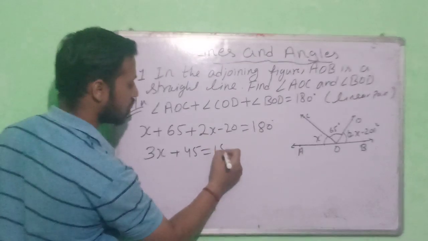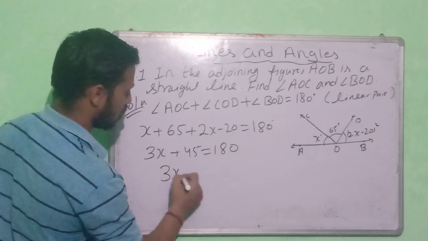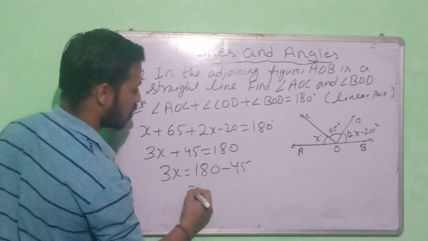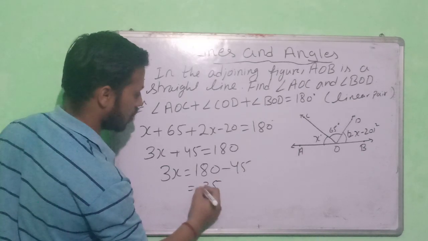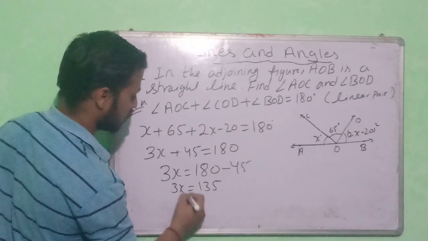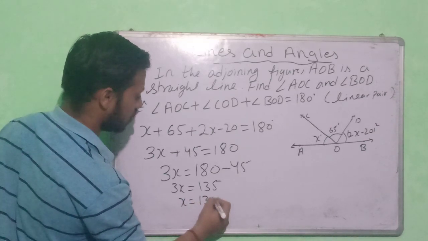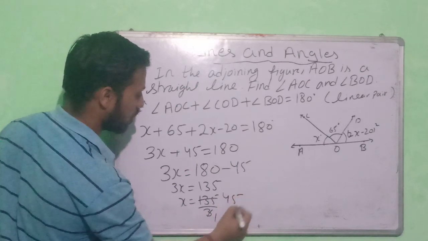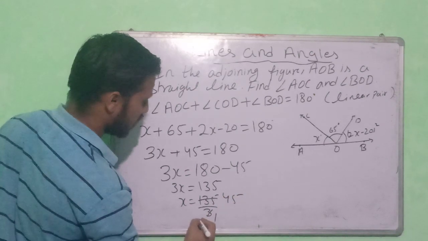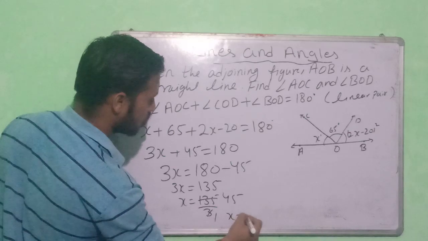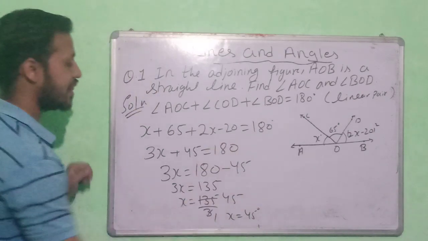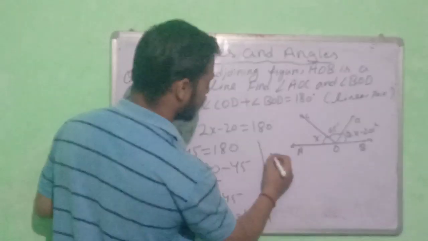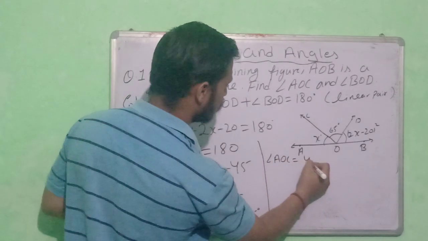So 3x plus 45 equals 180. The positive sign will be changed to negative, you will get 180 minus 45, that is 135. Now we divide 135 by 3. We get x equals 45 degrees, or you can say that angle AOC equals 45 degrees.